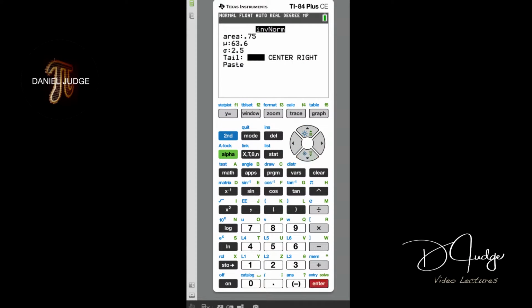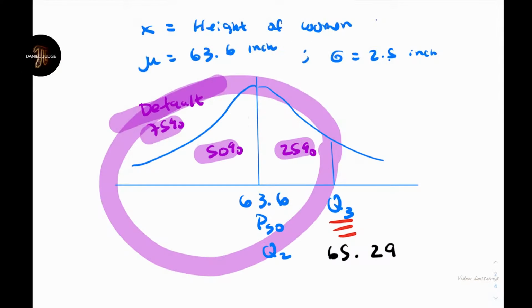So I'll keep that, hit enter in the TI, paste this, and let's go out to the nearest, we'll do hundredths again, I guess. So what do we get for Q3 to the nearest hundredths? 65.29 inches, not 28 but 29.